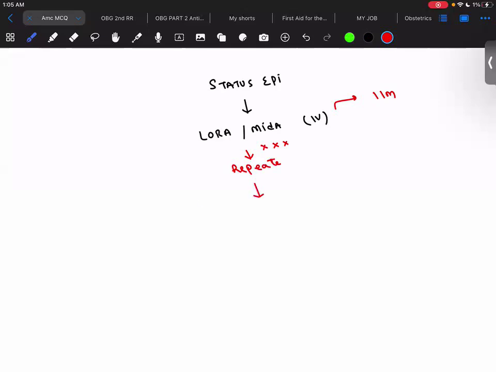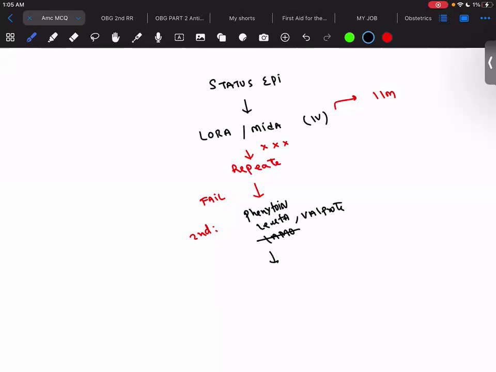If the two doses fail, you can go for the second line treatment, which is phenytoin, levetiracetam, or valproate. These are the second lines.